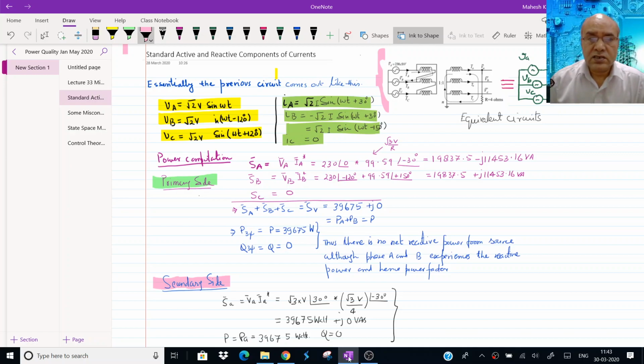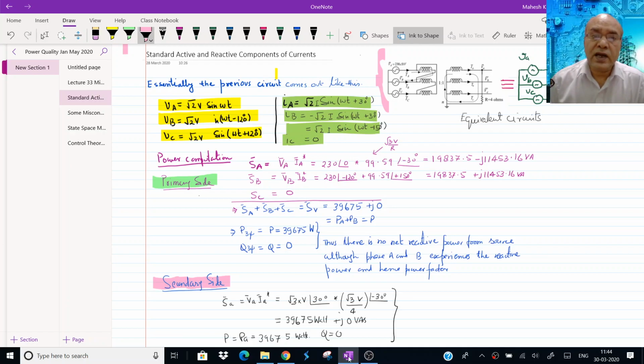Now let us try to find out normal active and reactive powers using a standard phasor description. If you see the expressions of the currents on the primary side, you will say IA, IB, IC. Do you remember? We have found these expressions in the previous lecture.